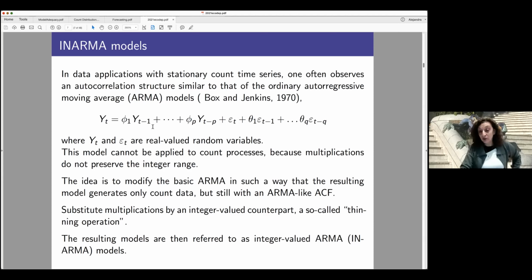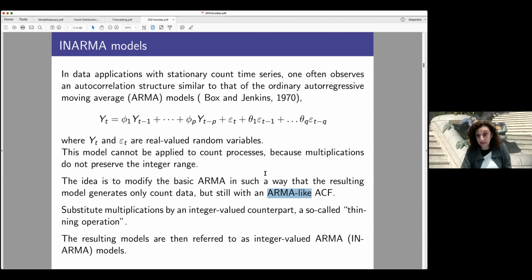So the idea is to modify this in such a way that the process generates only count data, but still the shape of the autocorrelation functions remains more or less like the autocorrelations of the ARMA models.